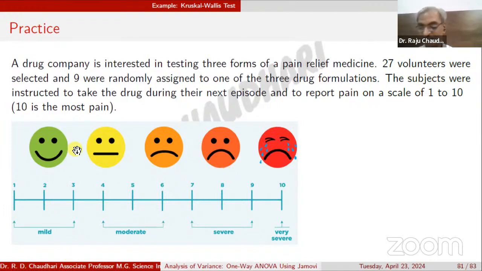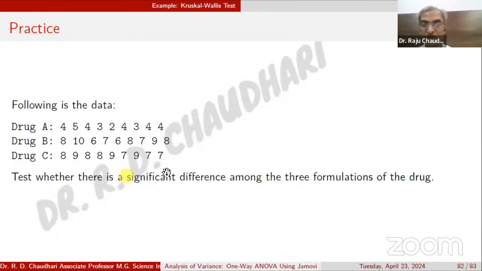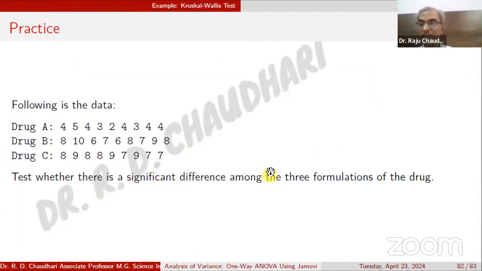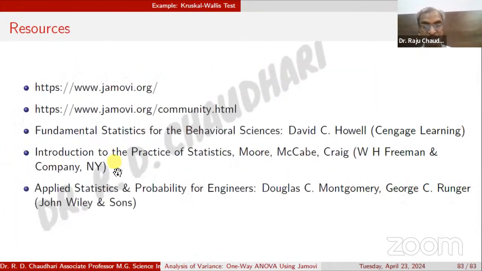So actually the outcome, this variable observation, is on the rating scale. So when your data is ordinal, obviously we can go for the Kruskal-Wallis test. So this is for the practice. You just apply the test on this particular data.